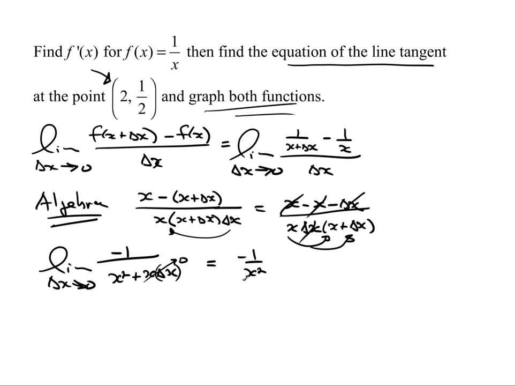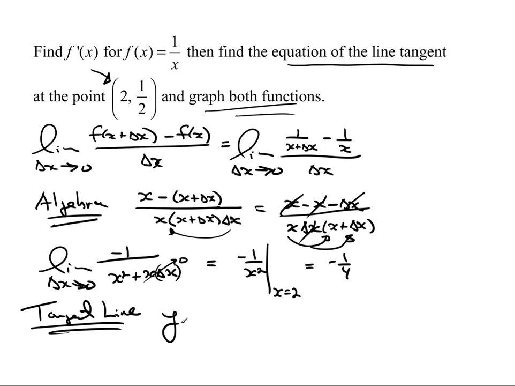So what is the value of the slope for the tangent line at the point 2, 1/2? Well, I need to evaluate this at x equals 2. And when I do, I'll get a negative 1/4. So now to find my tangent line, again, I go with y minus y1 equals the slope times x minus x1.